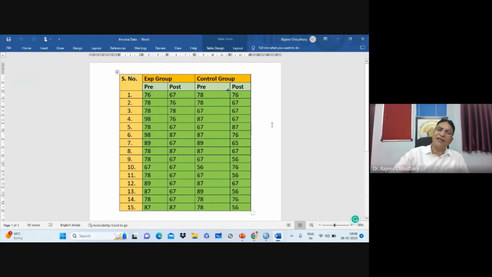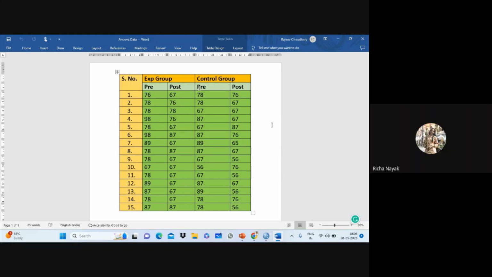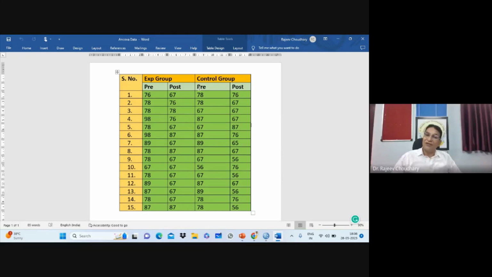On how many subjects you conducted this study? See, please calculate. Sir, 15. On 30, madam, 30. You have 15 subjects for experimental and 15 subjects of control.